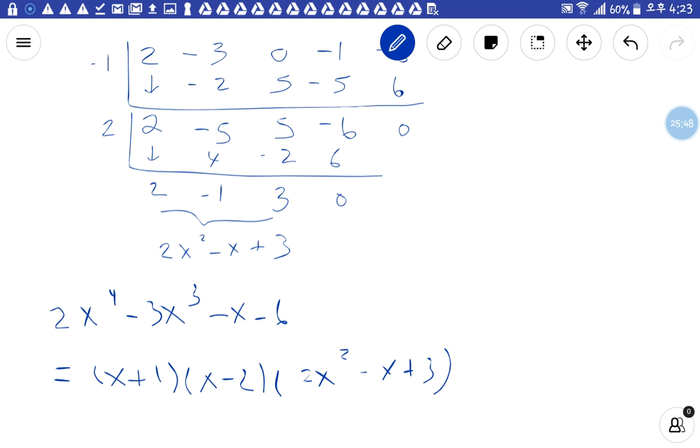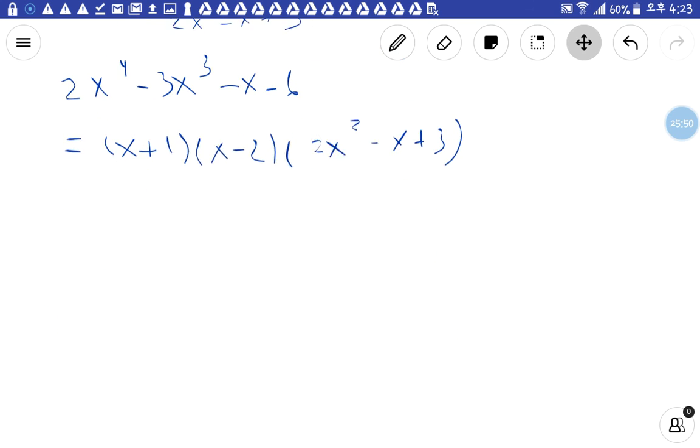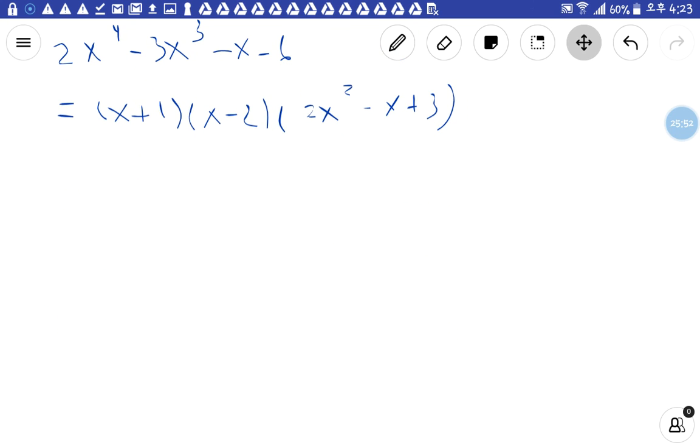So I have to factor my last one if it is going to work. But what do you think? 2 and 3 is a 6. I cannot really make negative 1, so I know that it's not going to factor. So what should we apply? Quadratic formula.